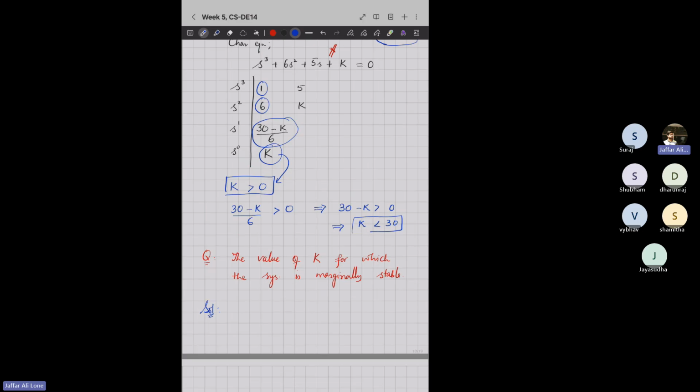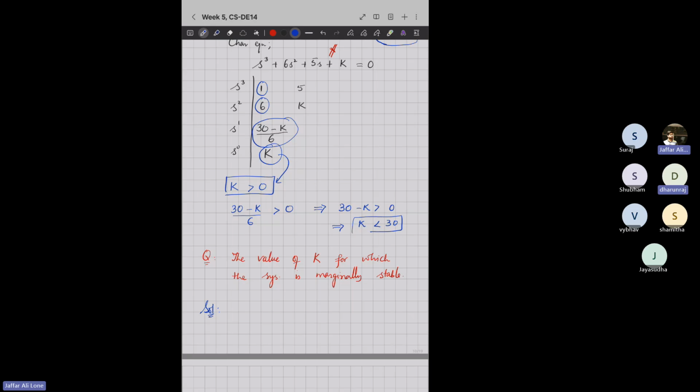You are being asked for what value of K the system will be marginally stable. I told you marginally stable means the poles are on the imaginary axis. And I told you when there is a row of zeros, that means the presence of poles on the imaginary axis.